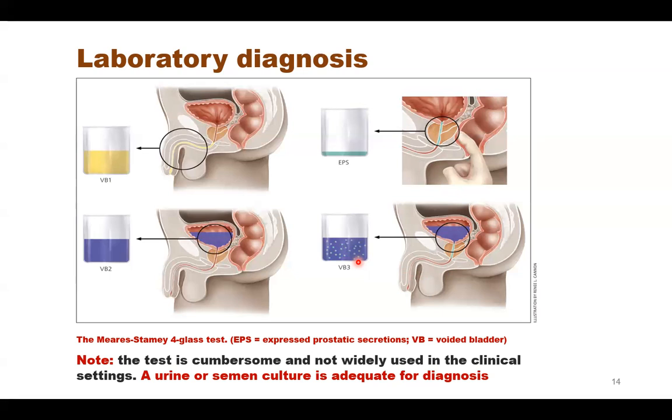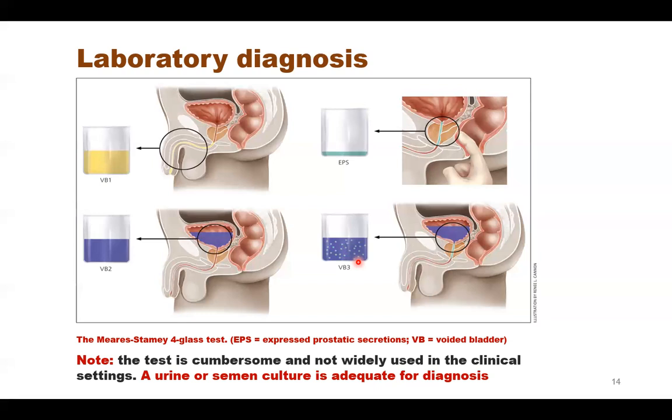Now, like you can see from the explanation, it's a little bit cumbersome, right? So what is usually done in clinical practice, if you don't send the midstream urine, is that you do what we call the 2-glass test. So this is a modification of the 4-glass test. With the 2-glass test, you ask the patient to collect the midstream urine, okay?